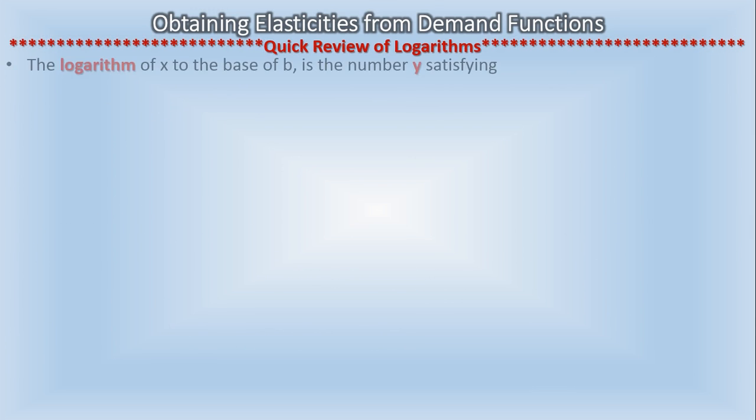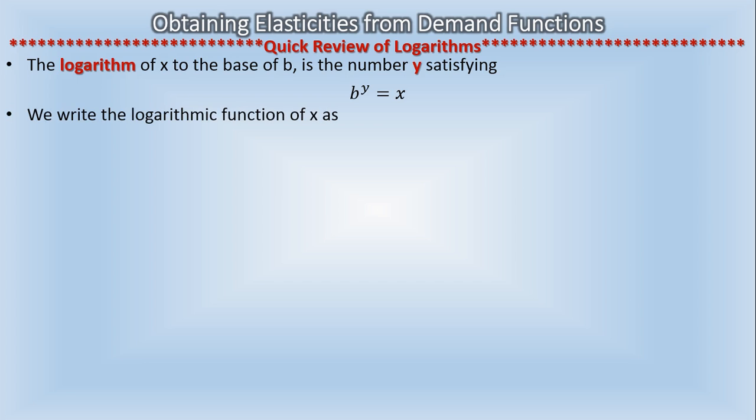All right, quick review of logarithms. The logarithm of x to the base of b is the number y satisfying b to the power y equals x. So you've got some number being raised to some exponent y, and that's going to give you some value. Essentially what this is asking is, what does the base need to be raised to in order to get us to x? So the log with base b of x is equal to y.